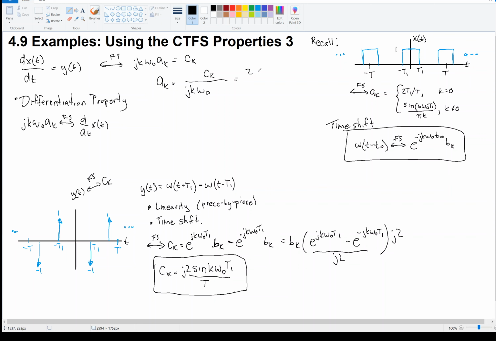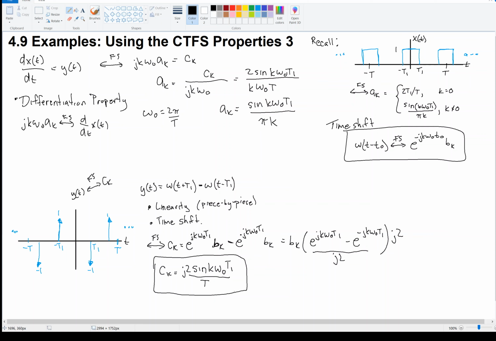So I've got 2 sine of k omega 0 t1 divided by k omega 0 T. Then remember that omega 0 is 2 pi over T, and so omega 0 times T is just 2 pi, and the 2's cancel, and so I'm left with ak equal to sine of k omega 0 t1 over pi k.